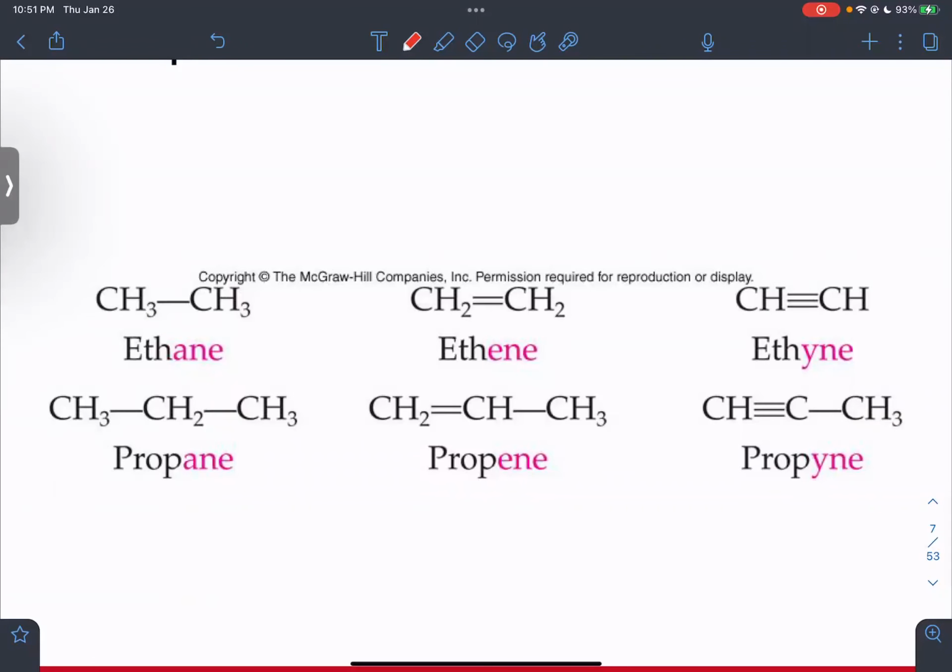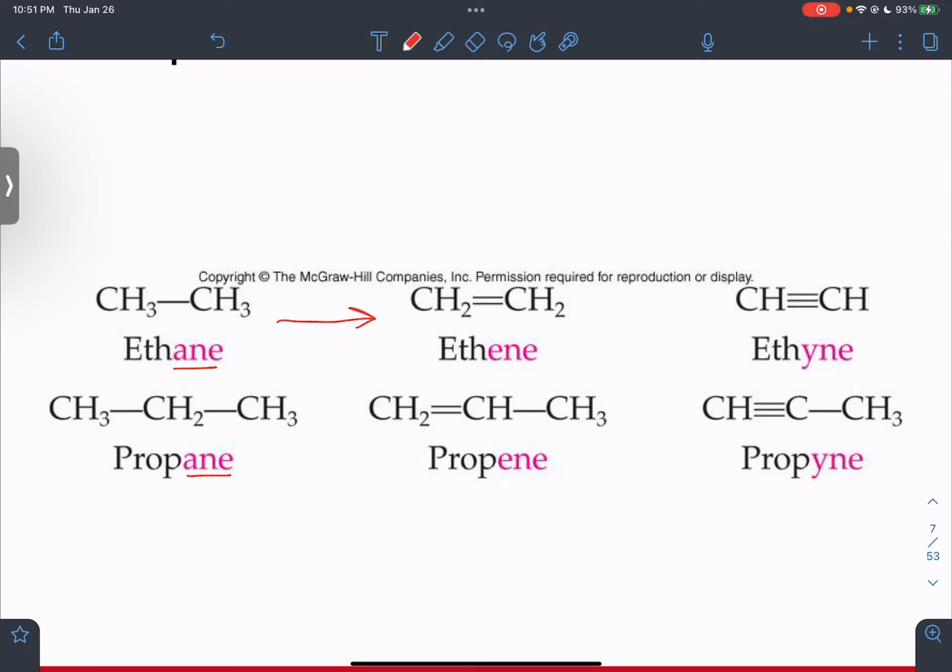Okay. So if we have carbon-carbon single bonds, this is going to be ethane. If we have carbon-carbon single bonds but now we went up from 2 carbons to 3 carbons, we're going to have propane. Now, what if we introduce a double bond and we convert from ethane to ethene?